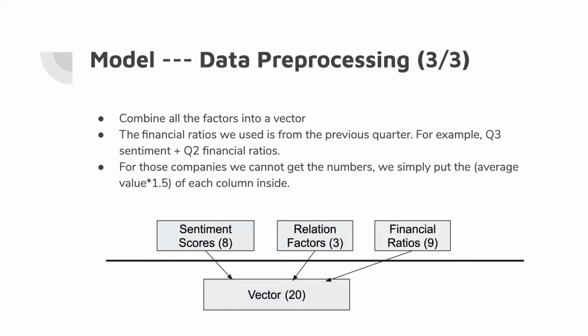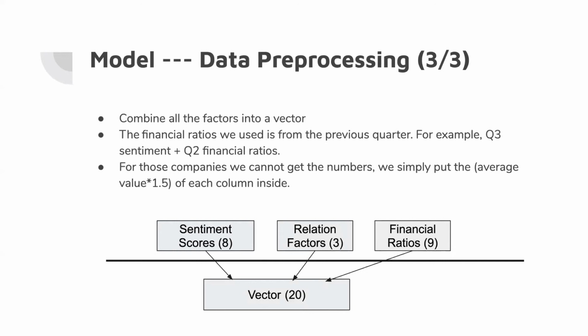After getting all the concrete numbers, it's now time for us to combine all the vectors into a vector. Something worth noticing is that we think the financial ratios will typically affect the public opinions in the next section.